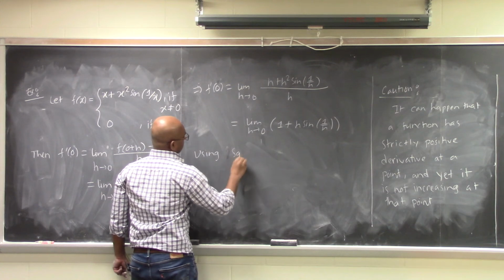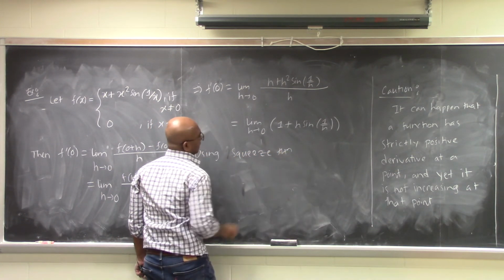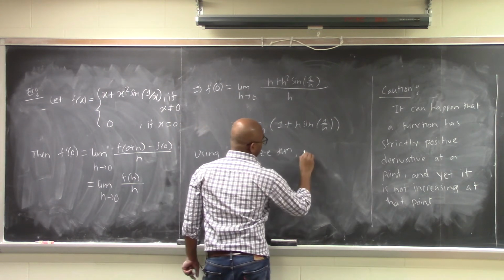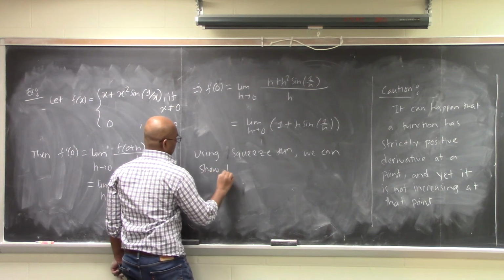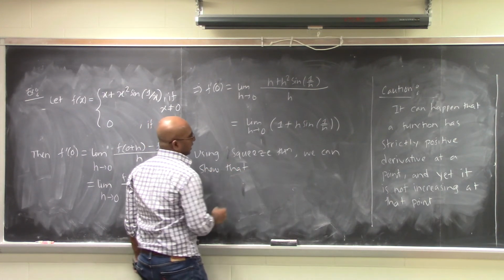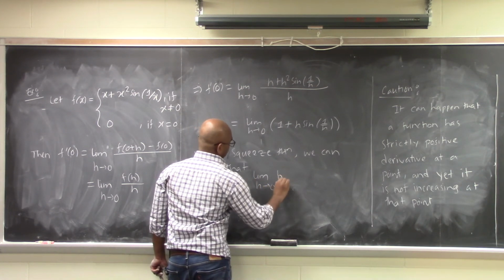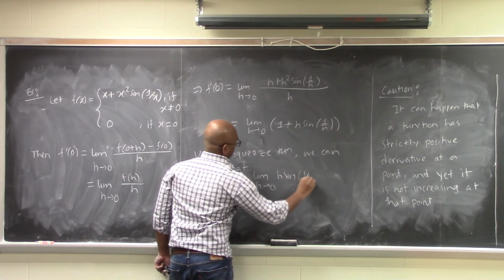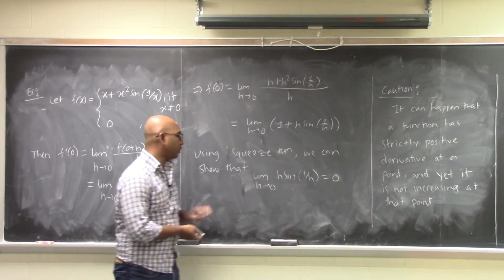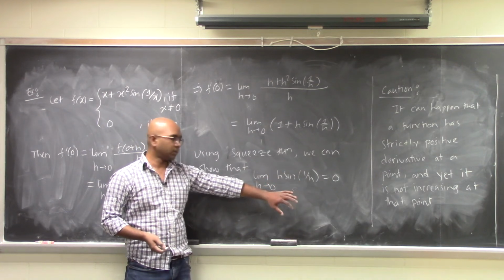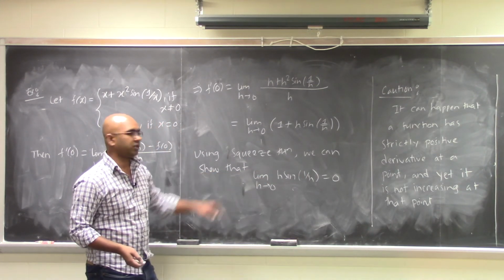Using the squeeze theorem, we can show that the limit as h goes to 0 of h sine 1 over h is 0. What you have to do is just change the variable: you write 1 over h as, say, t or u, and then use the squeeze theorem.